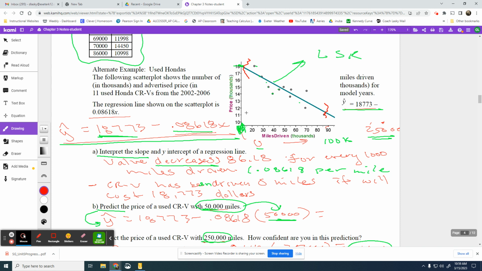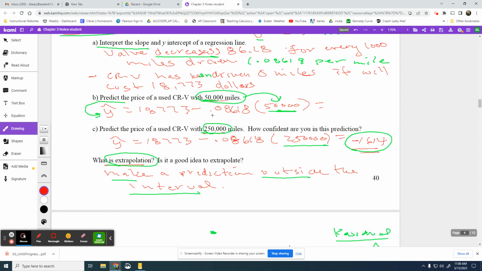So 250,000 is way over here. When we extrapolate, we're saying that this line continues to go down, and you get way down here at negative 1,614, which is below $0. That makes absolutely no sense.